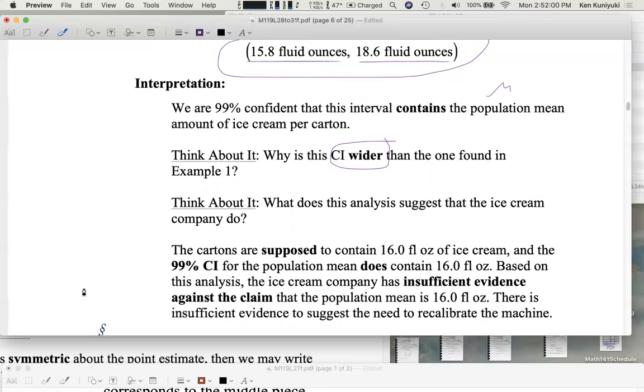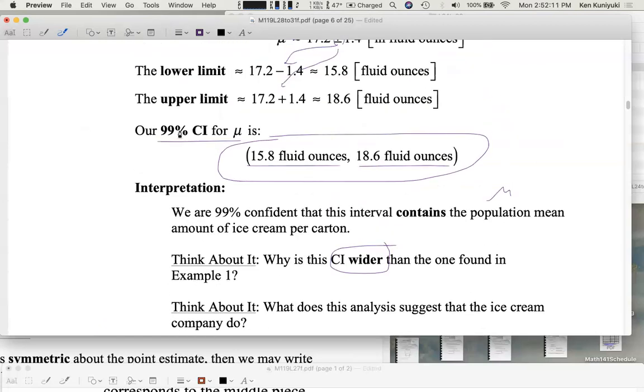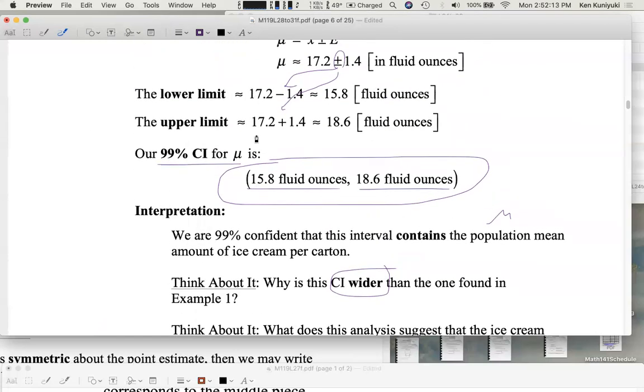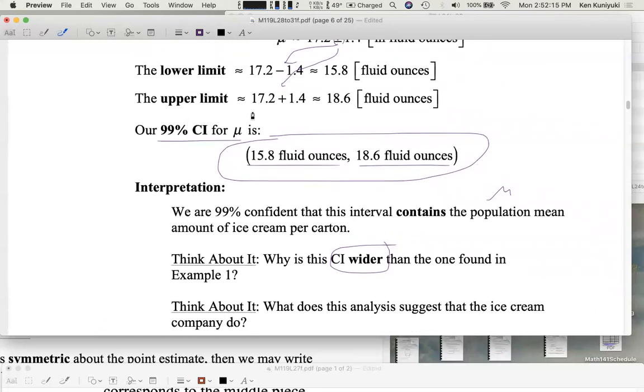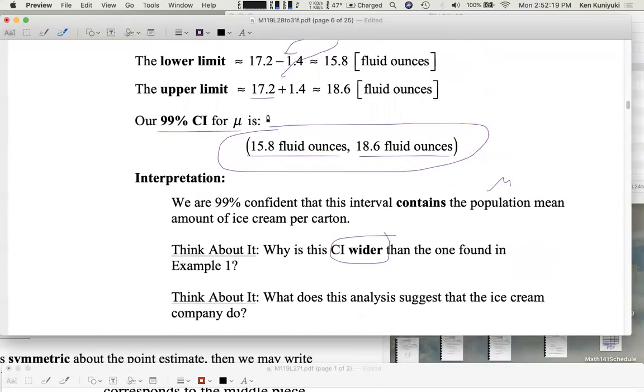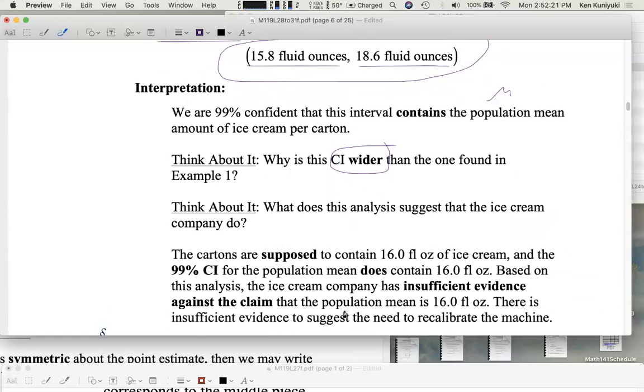fluid ounces. So if a company rep for the machine comes by and says, don't worry about it, what you're seeing, we can chalk it up to sampling error. Your sample mean here, given your standard deviation, assuming our sigma is correct, you're getting a sample mean of 17.2 fluid ounces. We can chalk that up to sampling error.